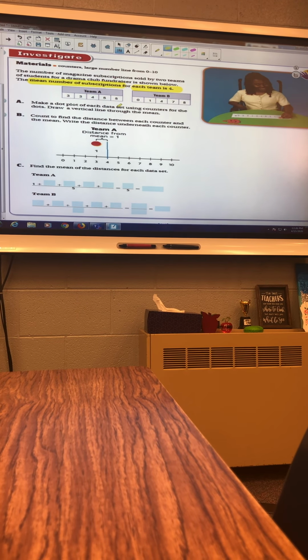It says we could make a dot plot of each data set using counters for the dots. So I'll go ahead and do that. Just over here, this is team A. I'll do one for team B. A number line from 0 to 10.